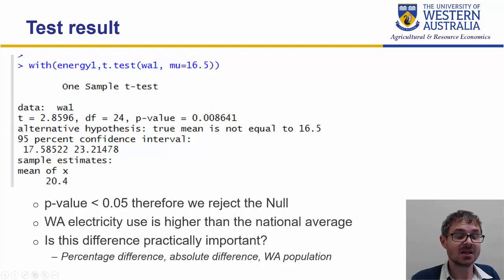So we reject the null that this sample is drawn from a population with mean 16.5. We know if we look down here that the sample mean is 20.4. I told you that, but the t-test output will report that as well. And so because we know that, we can say that they're different and the sample mean is higher.